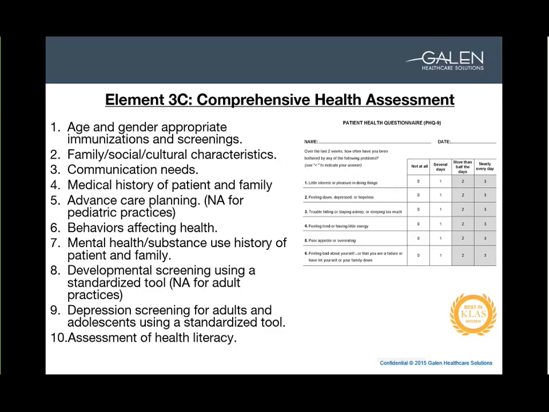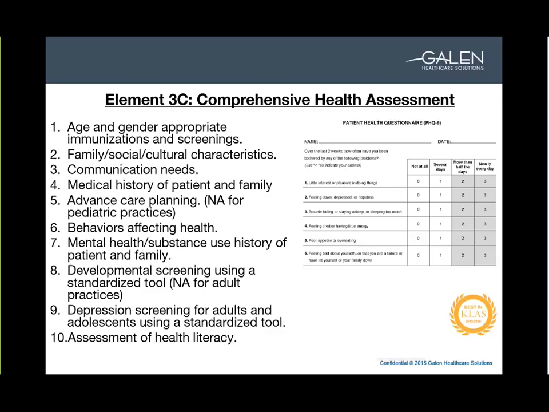Mental health, substance abuse, pretty straightforward. And then the next 2, developmental screening tools, a standardized tool for pediatrics as well as adults. So if for number 8, I'm just a pediatric practice, then I would say NA. And then vice versa, if I don't have adults, I don't have to worry about that.